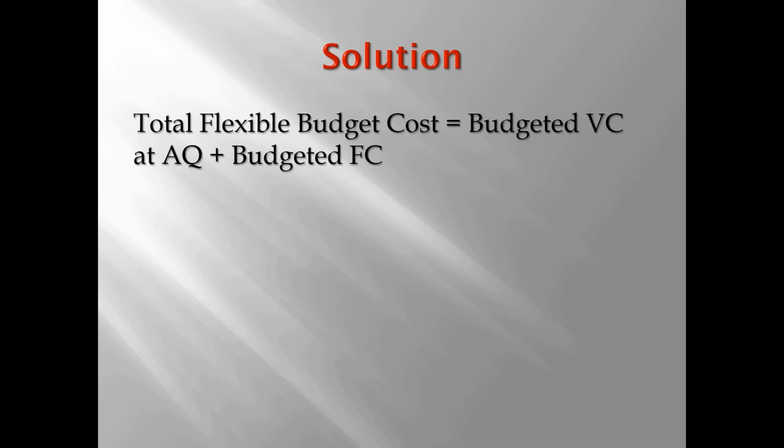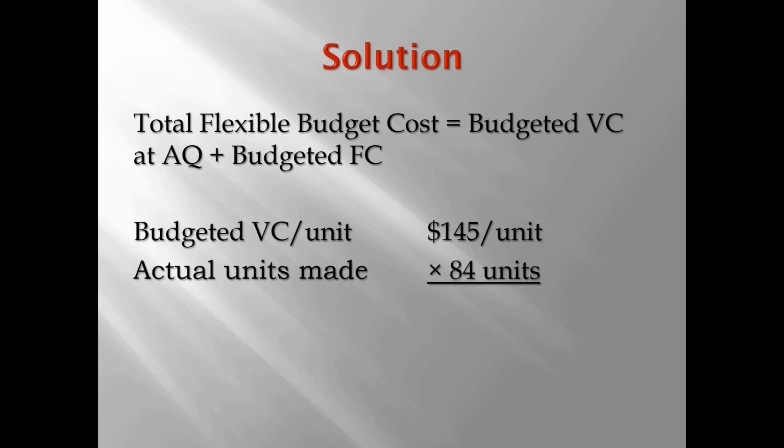The formula for the total flexible budget cost would be the budgeted variable costs at the actual quantity produced plus the budgeted fixed costs, which are assumed to be fixed within the relevant range. We know that the variable cost per unit was budgeted at $145 per unit, and the firm actually made 84 units.